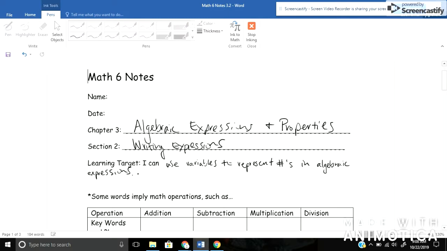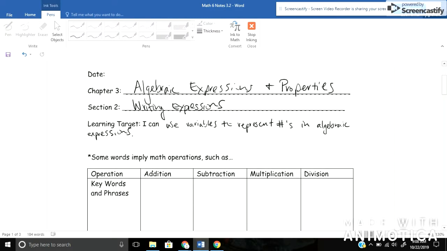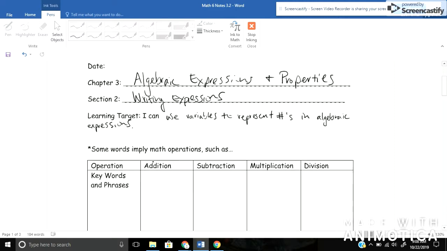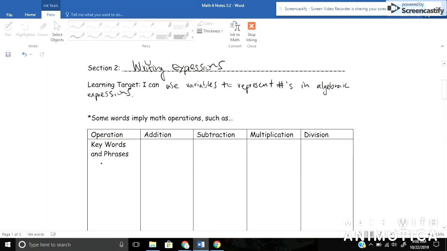Okay, and we're going to start by looking at some keywords and phrases that are often used in different word problems that give us hints as to which operation we should be doing.